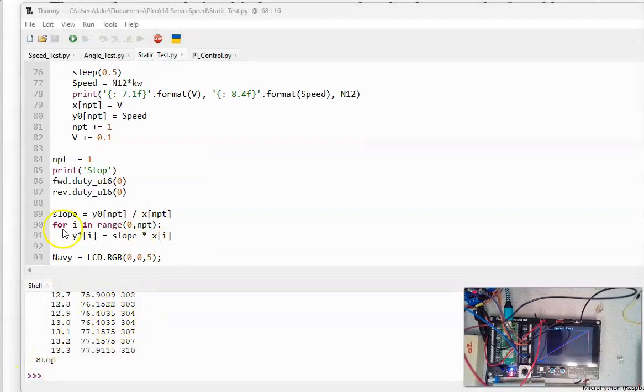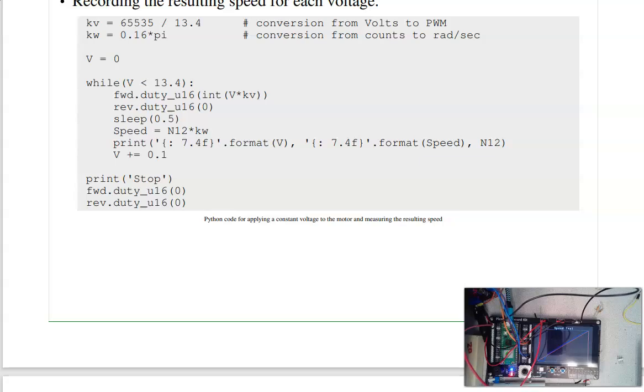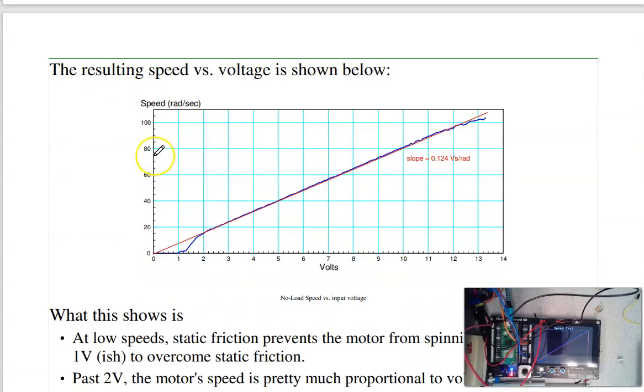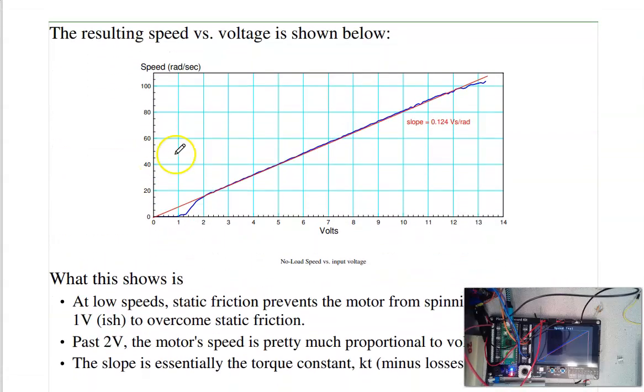If I take the data down here and plot it in MATLAB, that's what she looks like. The slope is 0.12 volts per radian per second. That's basically the experimental torque constant, off a little bit because the voltage is I times R plus KT times speed, and I'm ignoring this term.